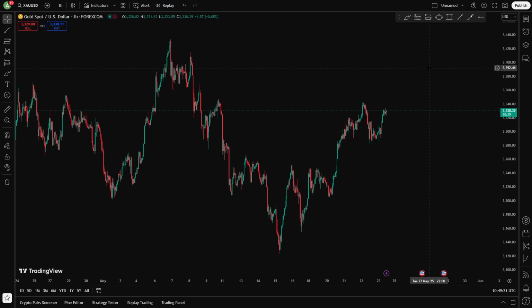Scalpers might use smaller lots with tighter stop losses. Swing traders might go larger with wider stops. Don't just copy someone else's lot size. Know your numbers. Use your own trading strategy, your trading style, and your trading tolerance. Do not copy someone. For example, if you see me as a mentor, you can copy me.